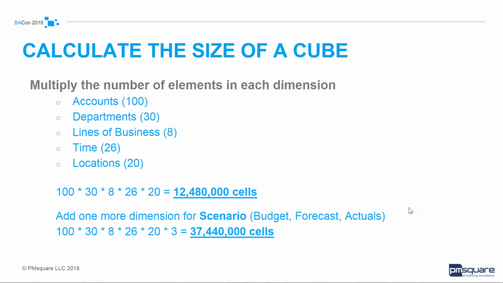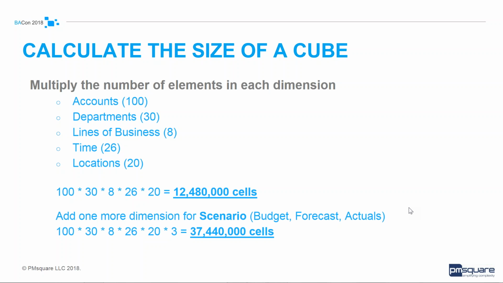To calculate the size of the cube, multiply the number of elements in each dimension. In our example here, we have 100 accounts, 30 departments, 8 lines of business, 26 time elements, and 20 locations. Multiply all those elements together and you get a total of 12,480,000 cells.